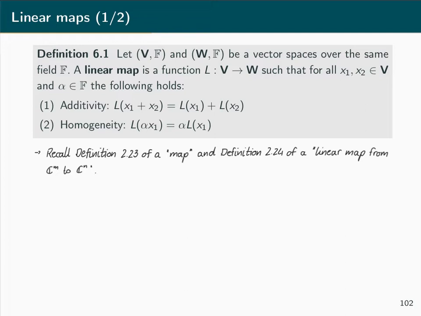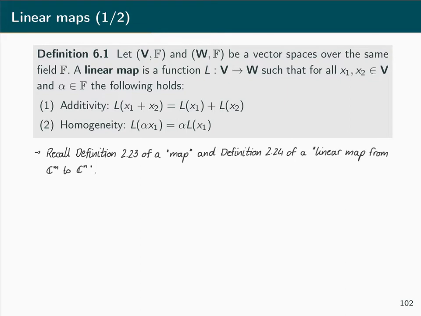Now, with the concepts from chapter 4 and chapter 5, we restate this definition in terms of abstract vector spaces, which we call V and W. Then a linear map is defined as a function from V to W, such that for all vectors x1 and x2 in V and all scalars alpha in the field, the following two properties hold.